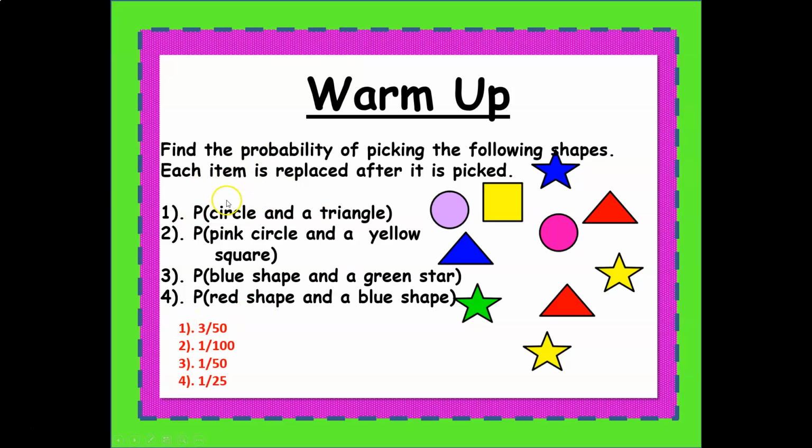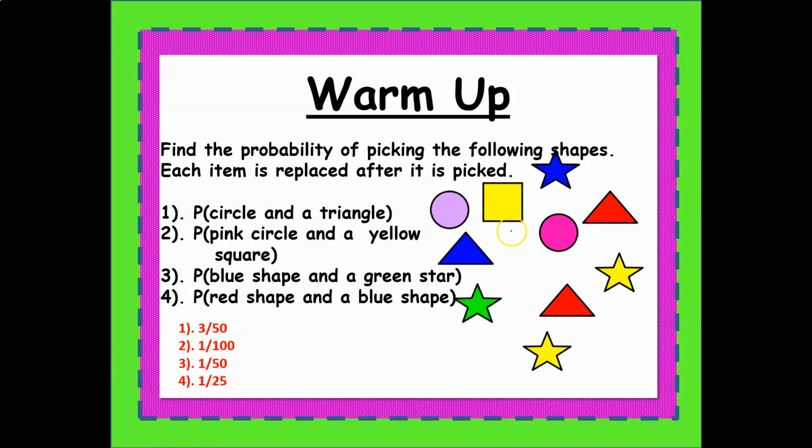So our probability for picking a circle and then a triangle is 3/50. We can get the 3/50 by taking our two probabilities times each other.